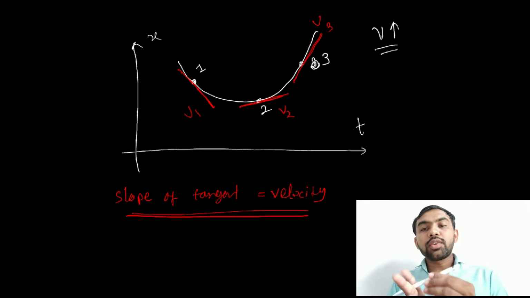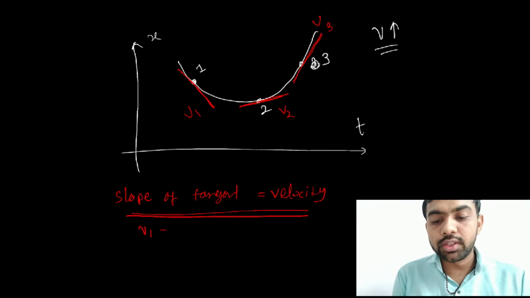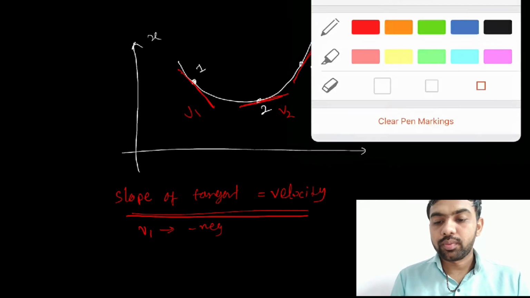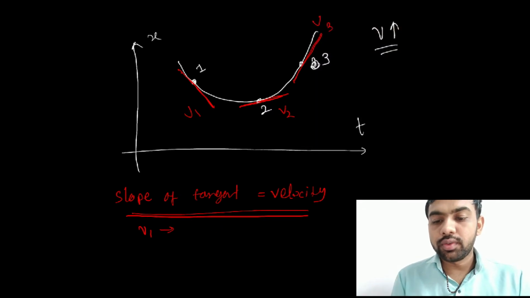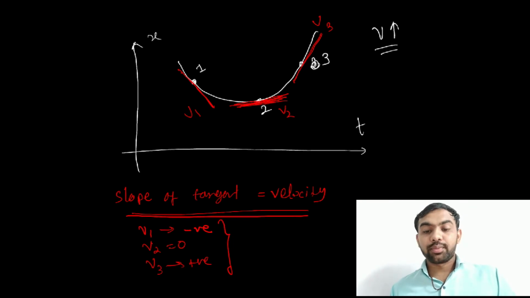So here v1 is negative, v2 is almost 0 and v3 is positive. v2 is 0, you draw a horizontal line there. So what do you think about this graph? v3 is highest, v2 is middle and v1 is smallest.